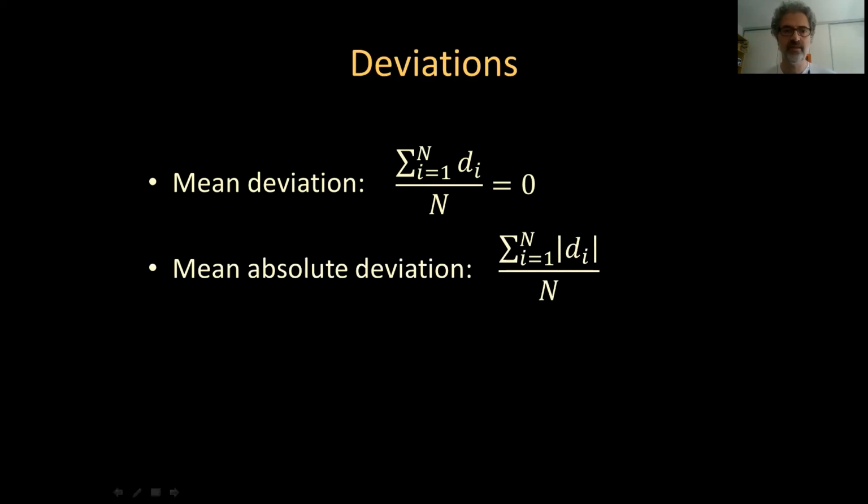Another trick that mathematicians like to use when they want to get rid of negative numbers is to multiply the numbers by themselves. And in statistics, this turns out to be very important because it leads us to very useful connections between observations and probabilities that we will discuss later in the course.